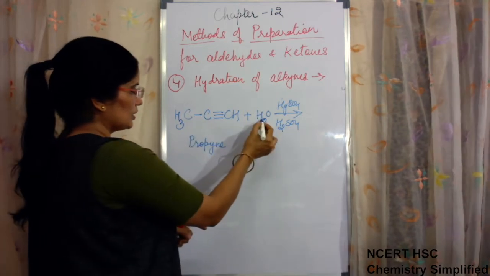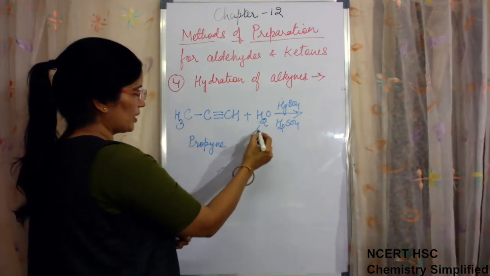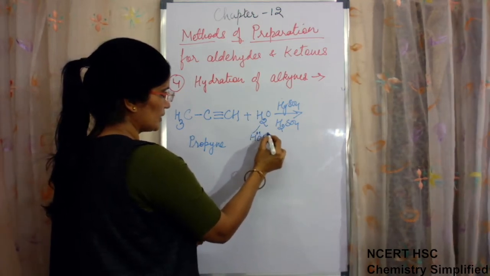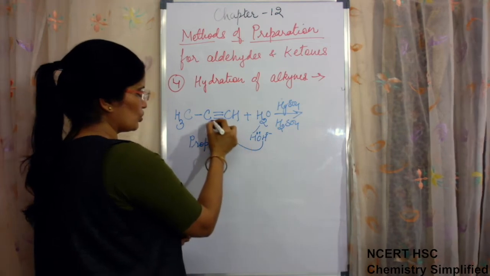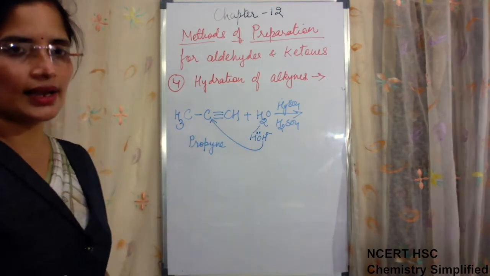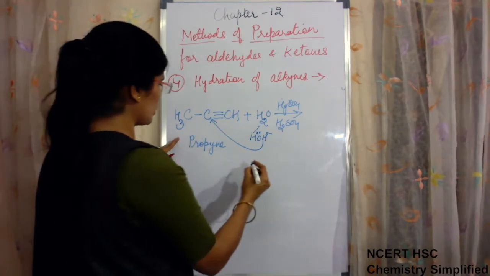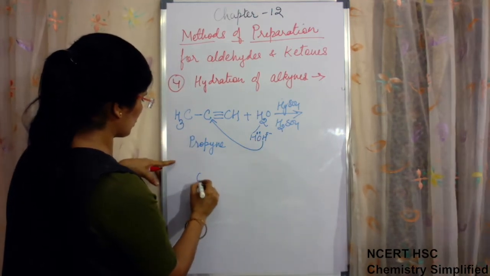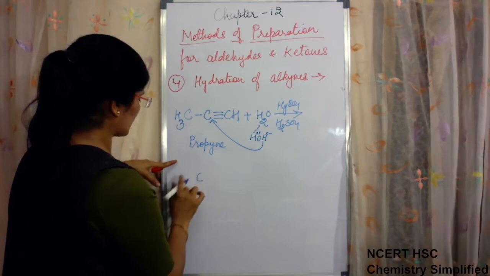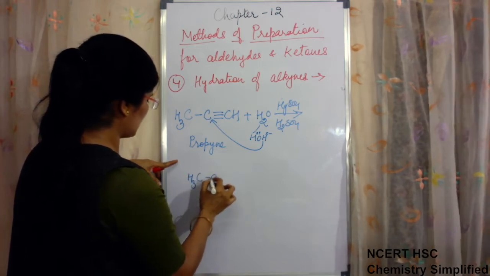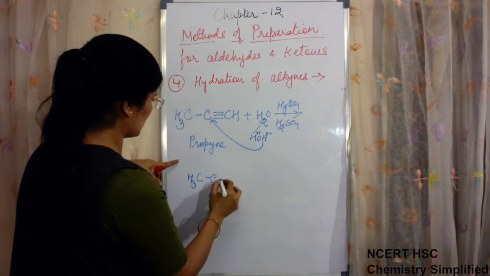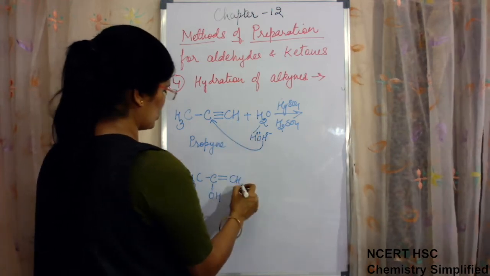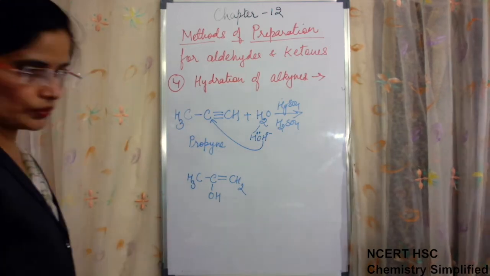Water will dissociate as HOH, positive, negative. The negative OH part will go to the carbon atom having fewer hydrogens. So the first step will be OH coming here, CH3, C, OH, double bond is left, and H coming to this to form CH2.